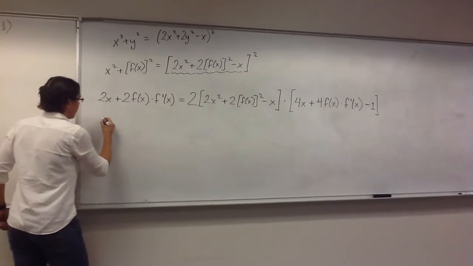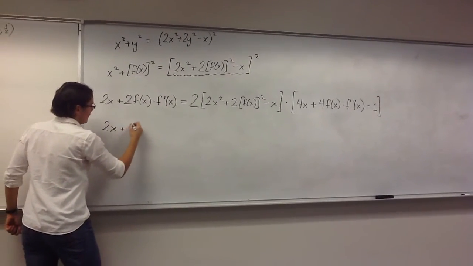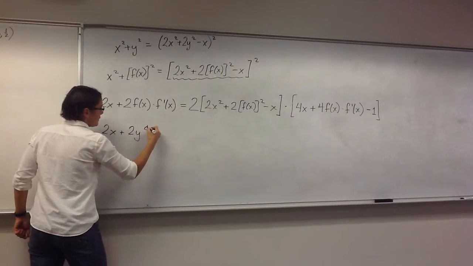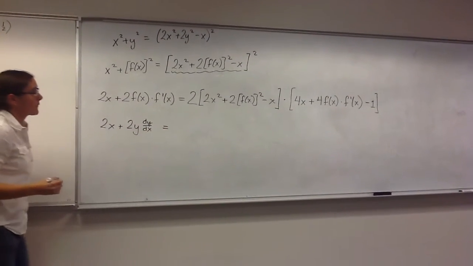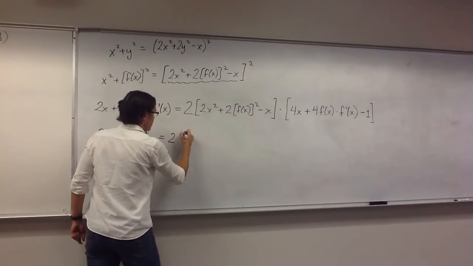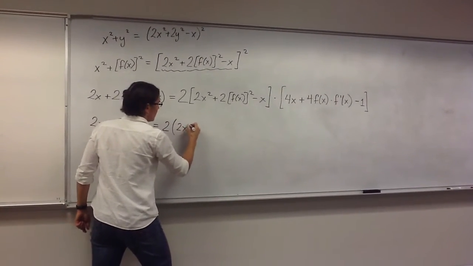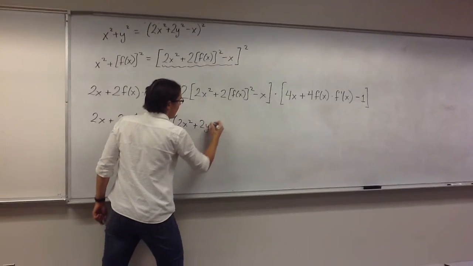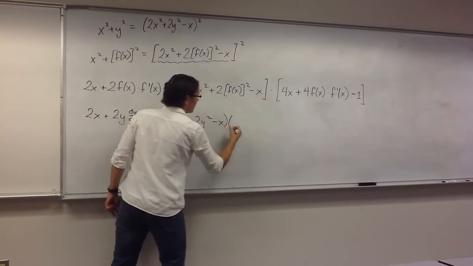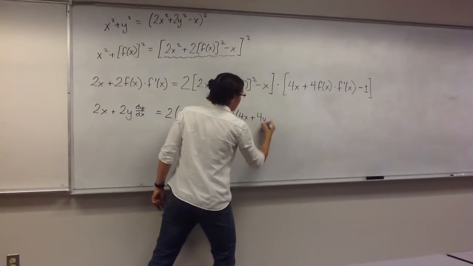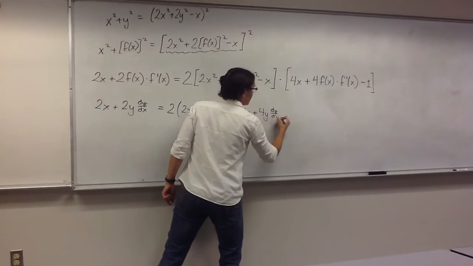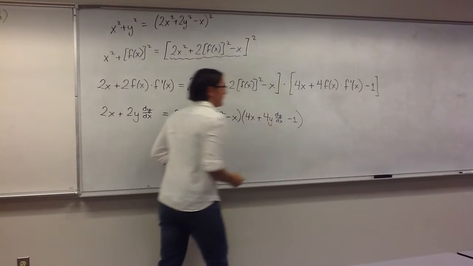So I'm going to start by rewriting this as 2x plus 2y dy over dx is equal to, now over here I've got 2 times (2x squared plus 2y squared minus x) times (4x plus 4y dy over dx minus 1).